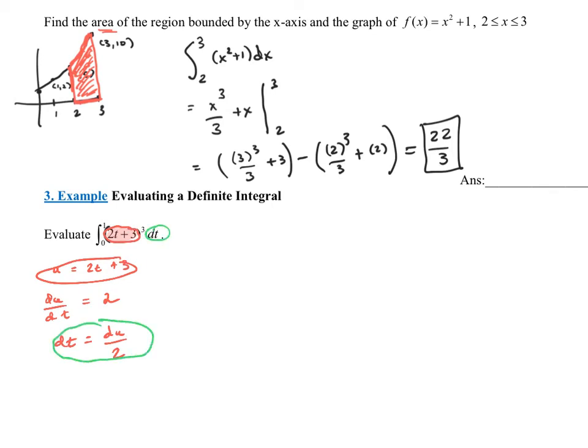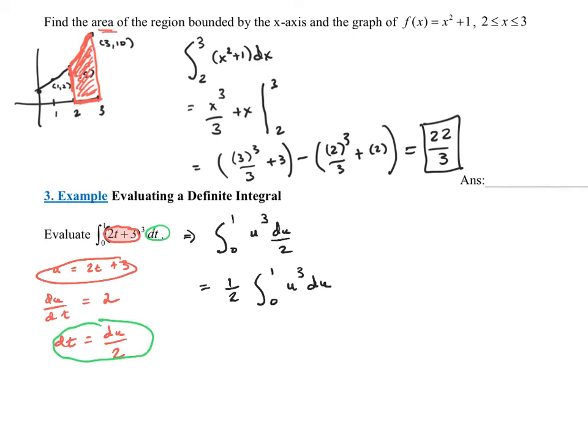I rewrite my integral, so it would now be the integral from 0 to 1 of u cubed, and then du over 2. Remember, you can pull out that constant multiple. It's a 2, but it is in the denominator, so I have to pull out a 1/2, integral from 0 to 1 of u cubed du.